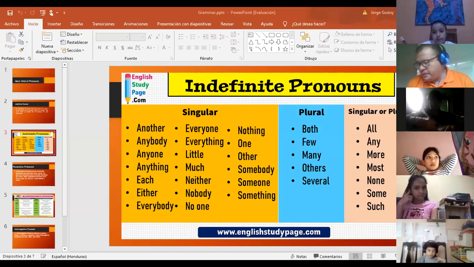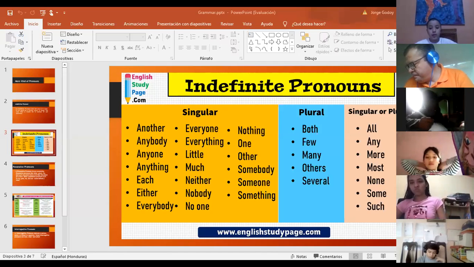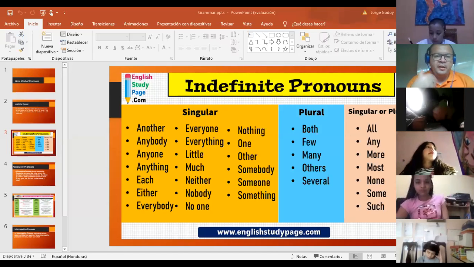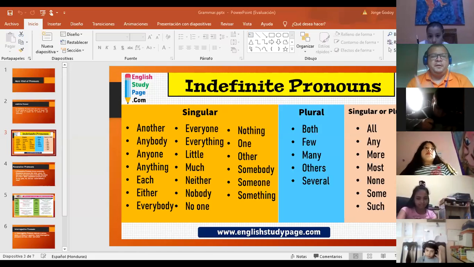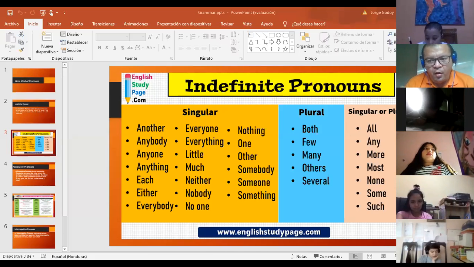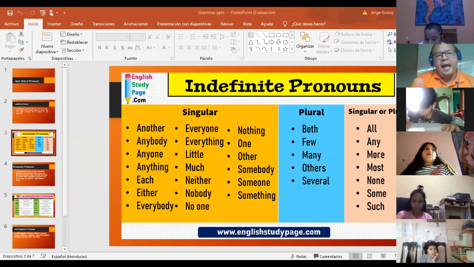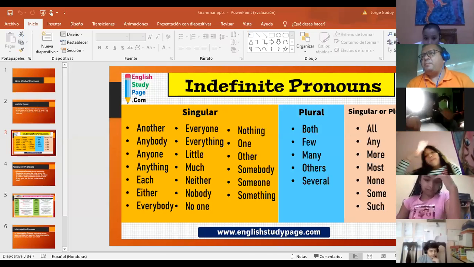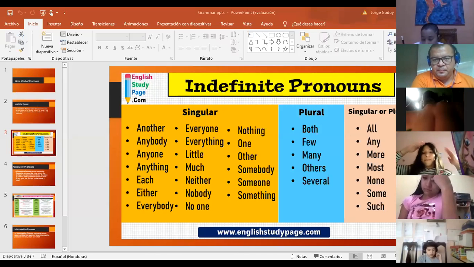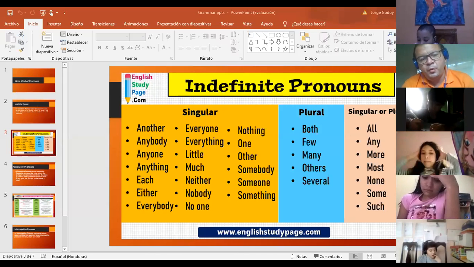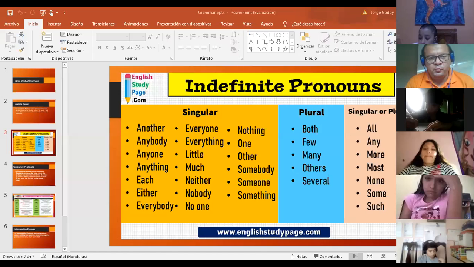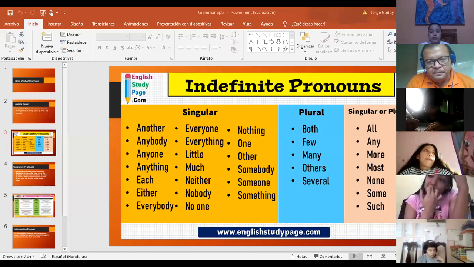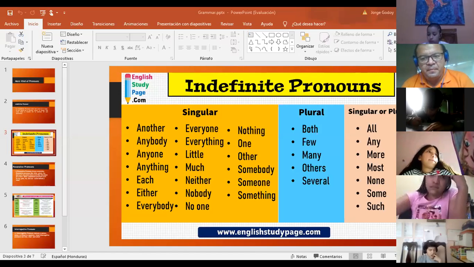Come on guys, finish quickly. Remember, only with indefinite pronouns. The only thing that is indefinite is that we don't know if they are male or female, unlike the personal pronouns. We know which of our personal pronouns are male and which are female.